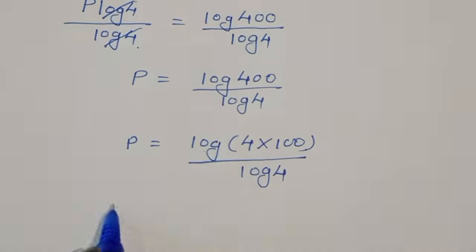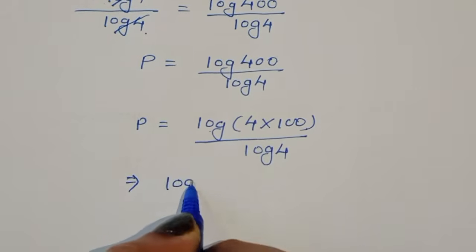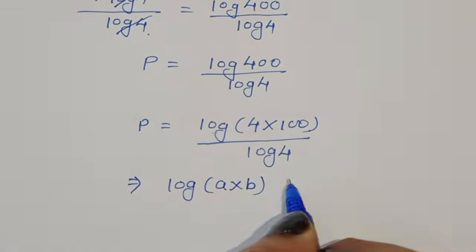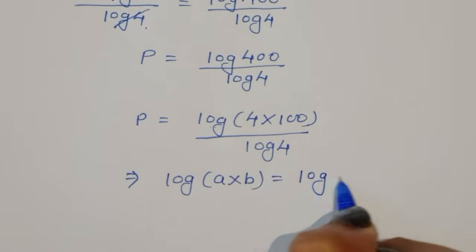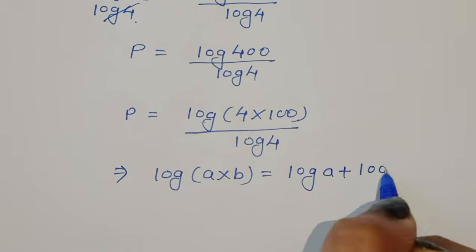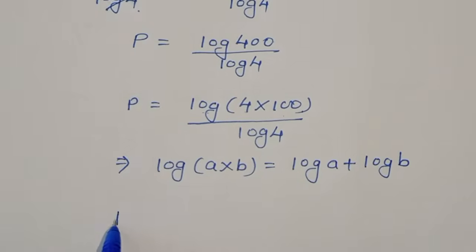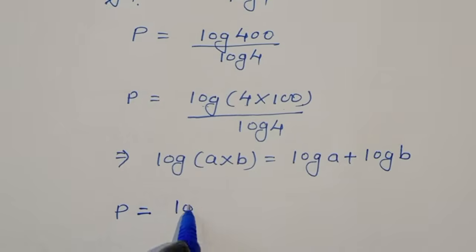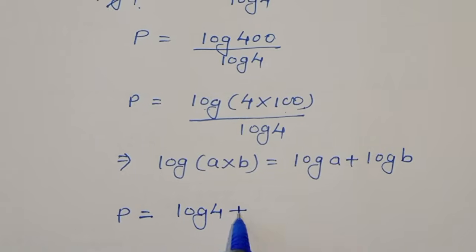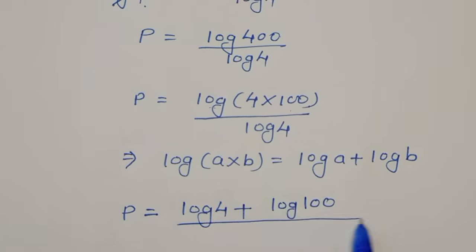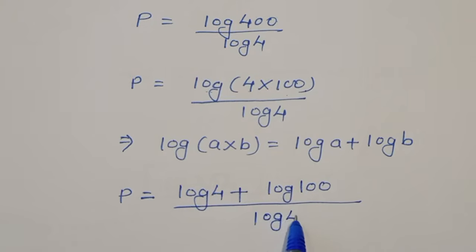Now this is the form of log of a times b. Log of a times b is equal to log of a plus log of b, right? So using this formula we can write p is equal to log of 4 plus log of 100 divided by log of 4.